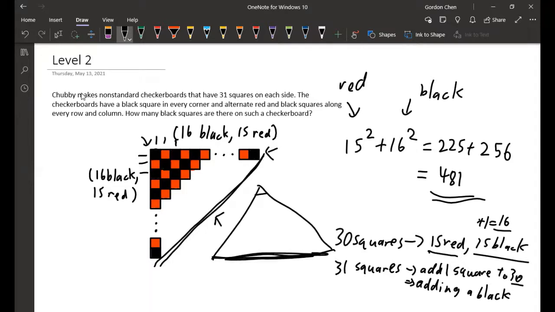We get that for the number of blacks, we have 1, and then 3, and then so on. And that's just 15 squared. And the same thing happens for the red. So we have 16 squared, and so 15 squared plus 16 squared is 225 plus 256, which is 481.